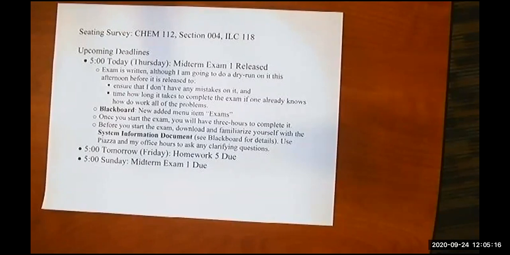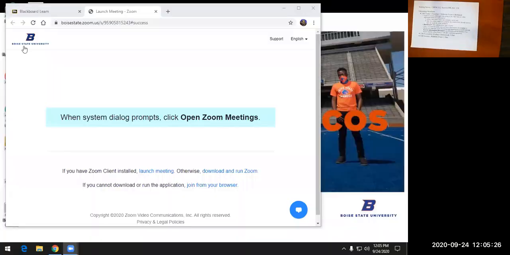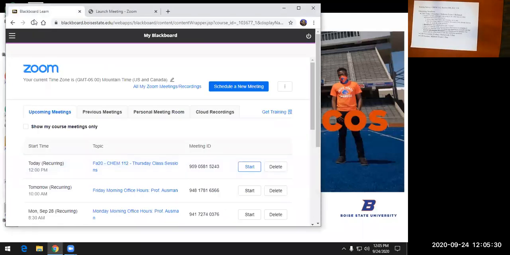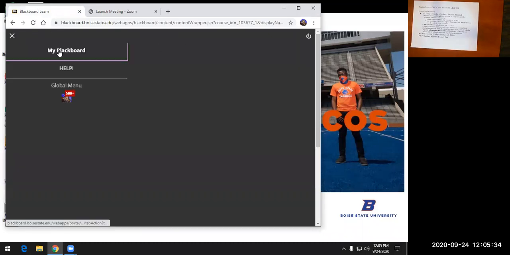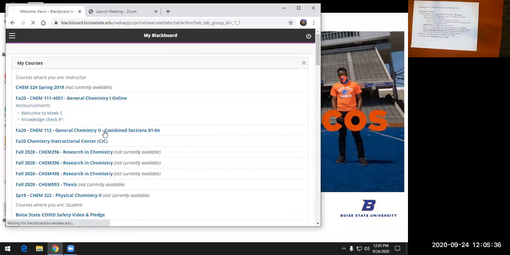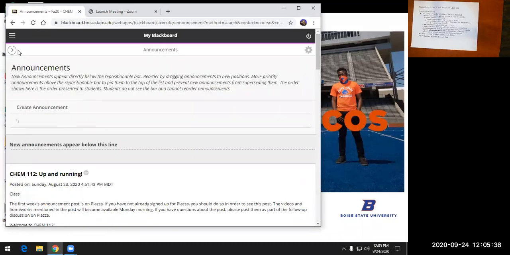So let me show you here where to find it. So if we go into Blackboard, okay. There are a couple different ways you can get to it.